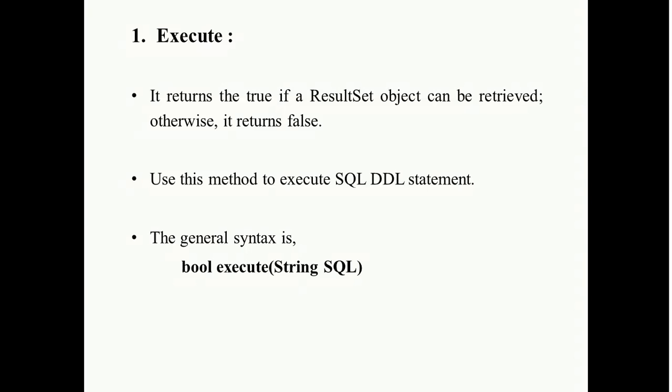This method returns true if the result set object can be retrieved, otherwise it returns the false value. The use of this method is to execute an SQL DDL statement. The general syntax of the execute method is boolean execute(String sql). So the execute method returns a true or false value. It returns true if the result set object is retrieved, and if it is not retrieved, then it returns false.